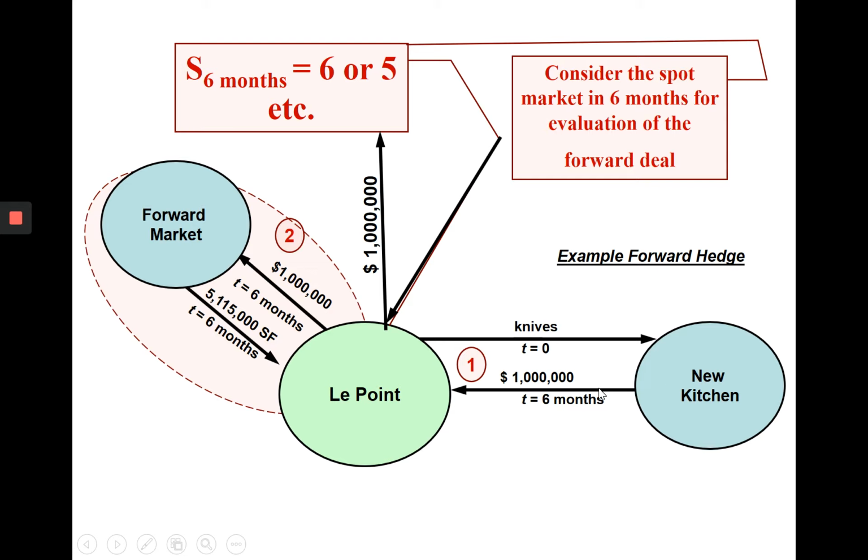Then we have the future cash flow, which is at time 6 months from now, and it's promised in the future, and it is $1 million. And that cash flow contractually will go from New Kitchen to Le Point to pay for these knives that were purchased 6 months prior to the payment.